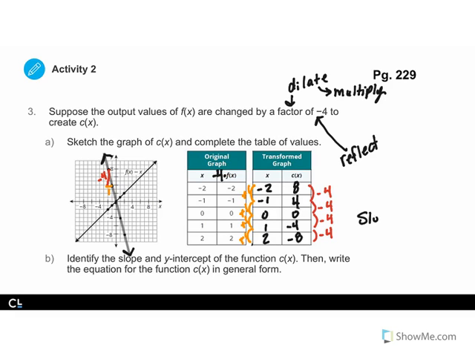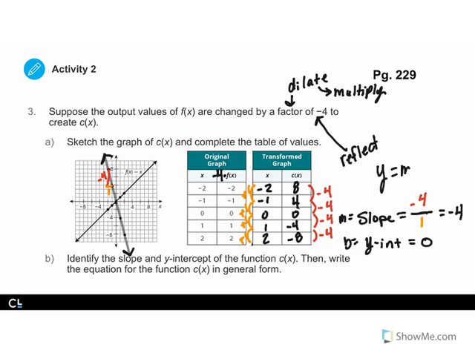So for our slope, we have rise over run. Our rise is -4, our run is 1, and this is the same on our table as well as our graph. So then we just have -4 as our slope. For our y-intercept, it's still just crossing there at 0, so your y-intercept is 0.